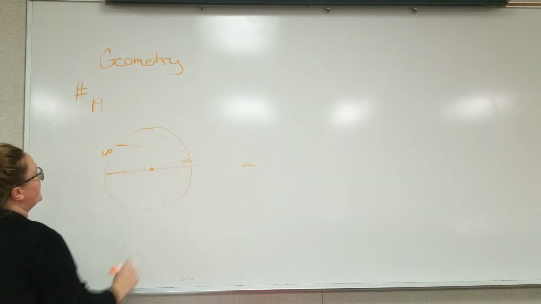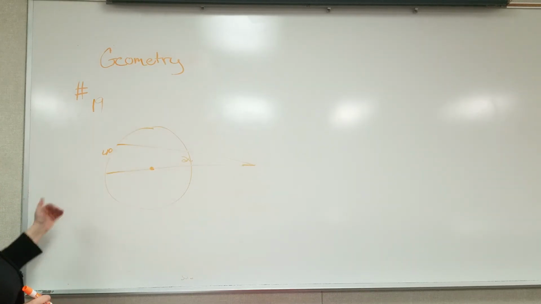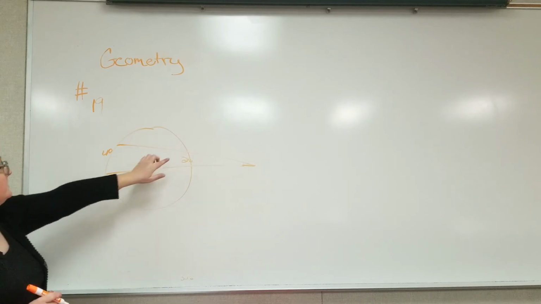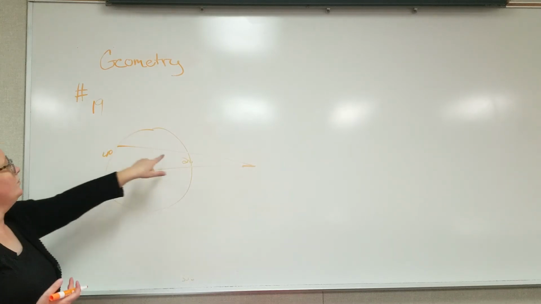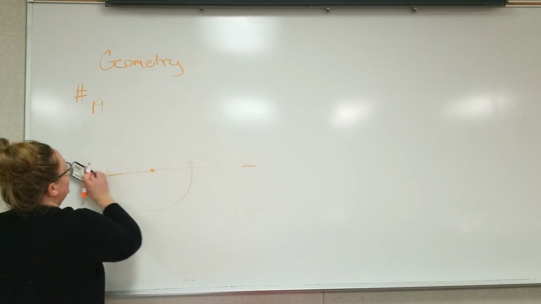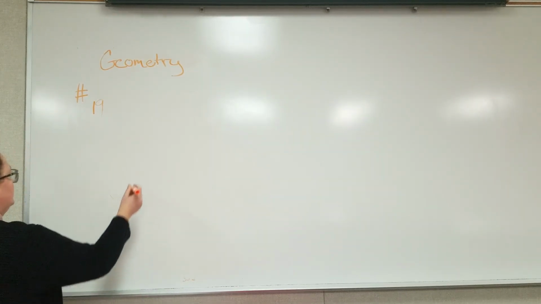Now, this is a diameter right here. So that means this circle is cut in half. And they've told you how much this is and how much that is. And what they're asking is how much this is. So you take your half circle, which is 180 degrees, minus 40, minus 20, and you have your answer. That's simple, all right?